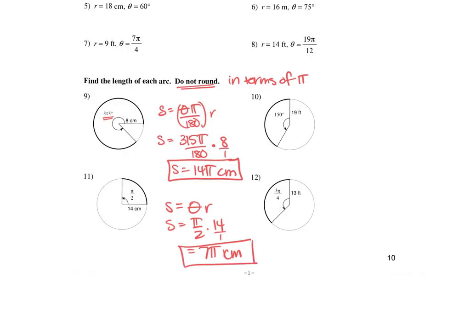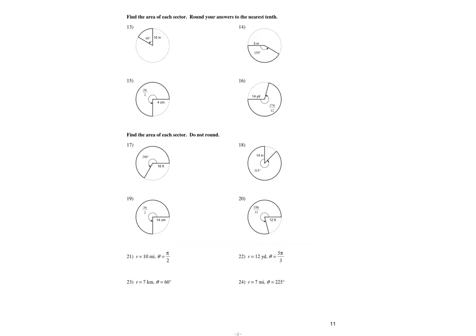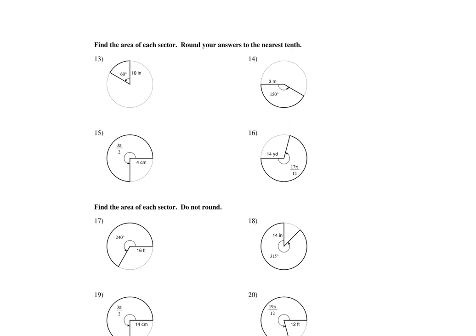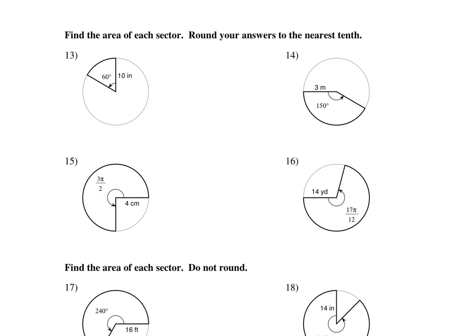So let's do some sector area problems. The first ones are asking me to round my answers to the nearest tenth. So just a decimal. I don't care if it's the nearest tenth or hundredth, that doesn't matter, but let's get decimals. My theta, the portion of my circle that I'd like to find the area of, is 60 degrees worth of my circle.